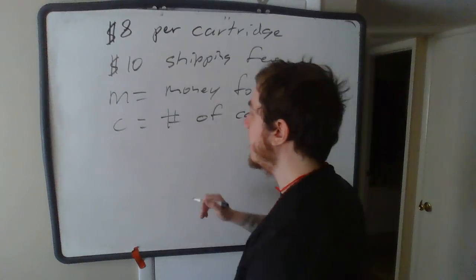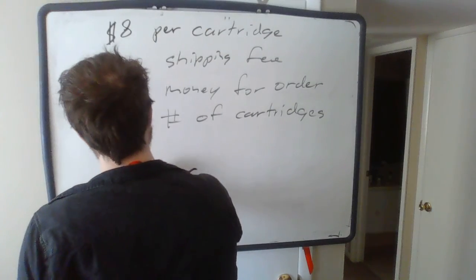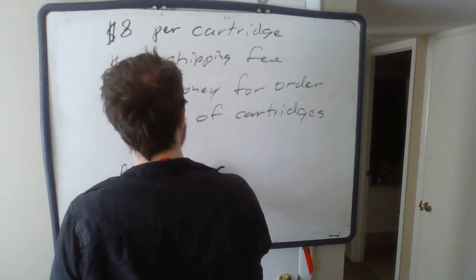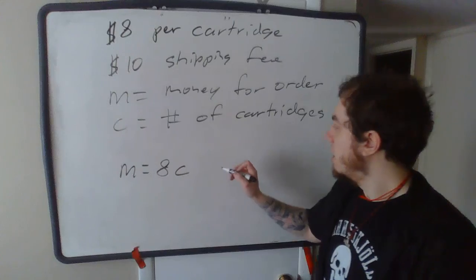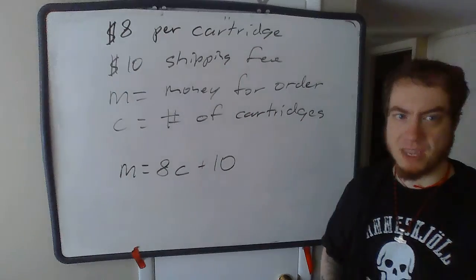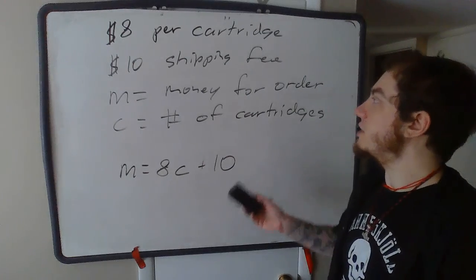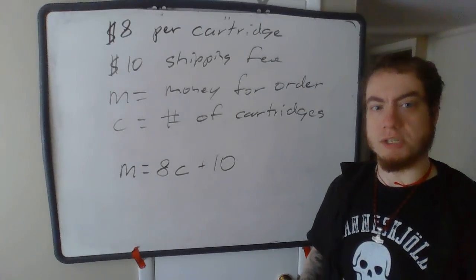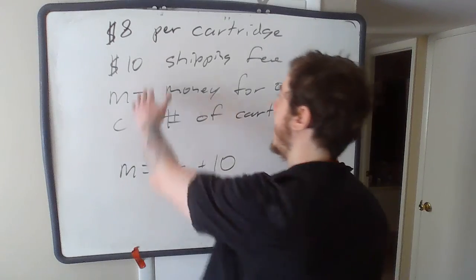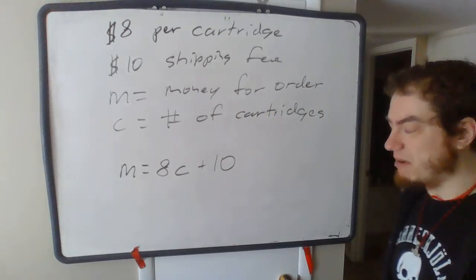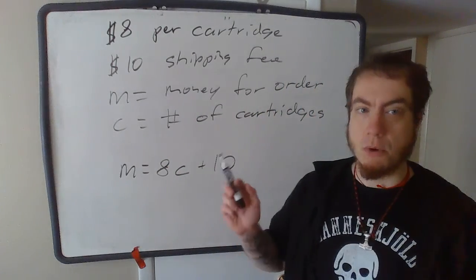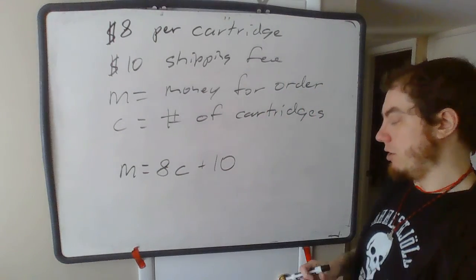And we can say that the amount of money is going to be equal to $8 times the number of cartridges plus an additional $10 for the shipping. Obviously, in this sort of situation, we would want to order as many cartridges as we can at a time in order to get a better deal on the shipping. But this is the relationship that holds between these. And we express this by using an equation.